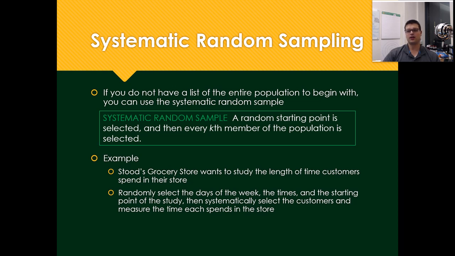You would look at possibly every seventh individual that comes into the grocery store, and you want to determine how long that individual stays in the grocery store. So the seventh person stays in there for 30 minutes. The 14th person stays in there for 12 minutes. The 21st person stays in there for 39 minutes. And you just keep on taking every seventh person, for the first 2 hours.